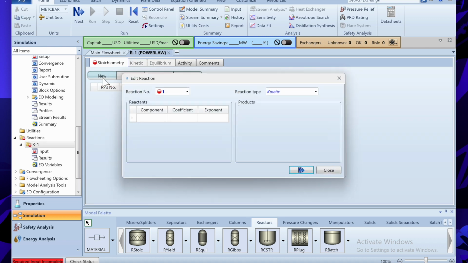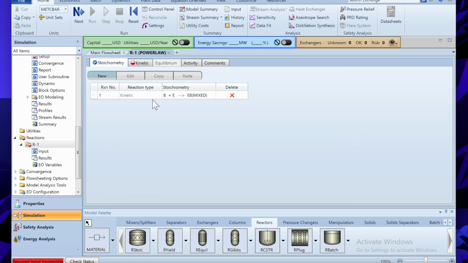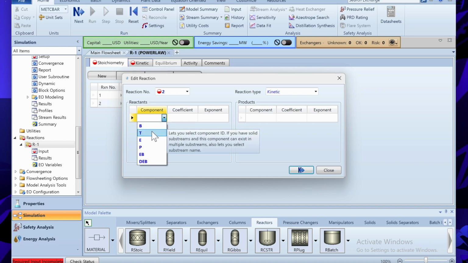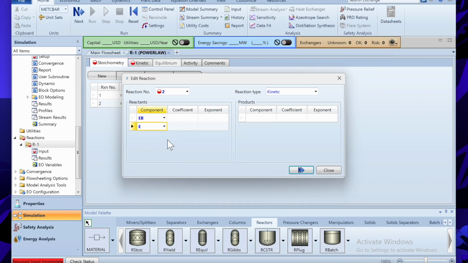So next, 1 1 1. So this one should be EB, ethylbenzene. Okay, so the next one is ethylbenzene plus ethylene, E. So DB.